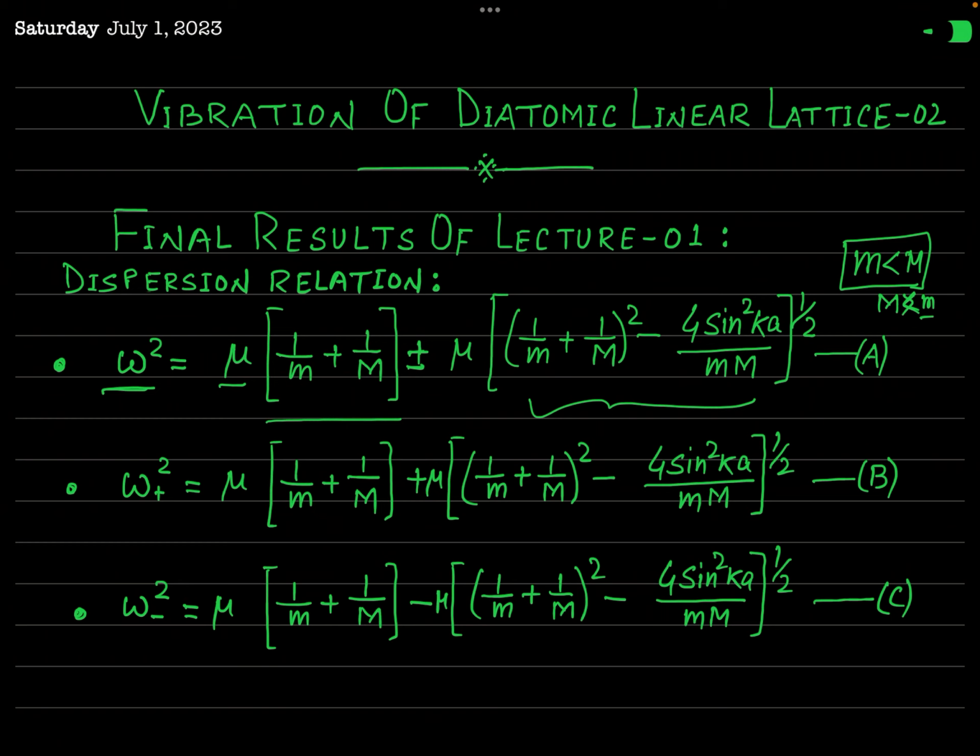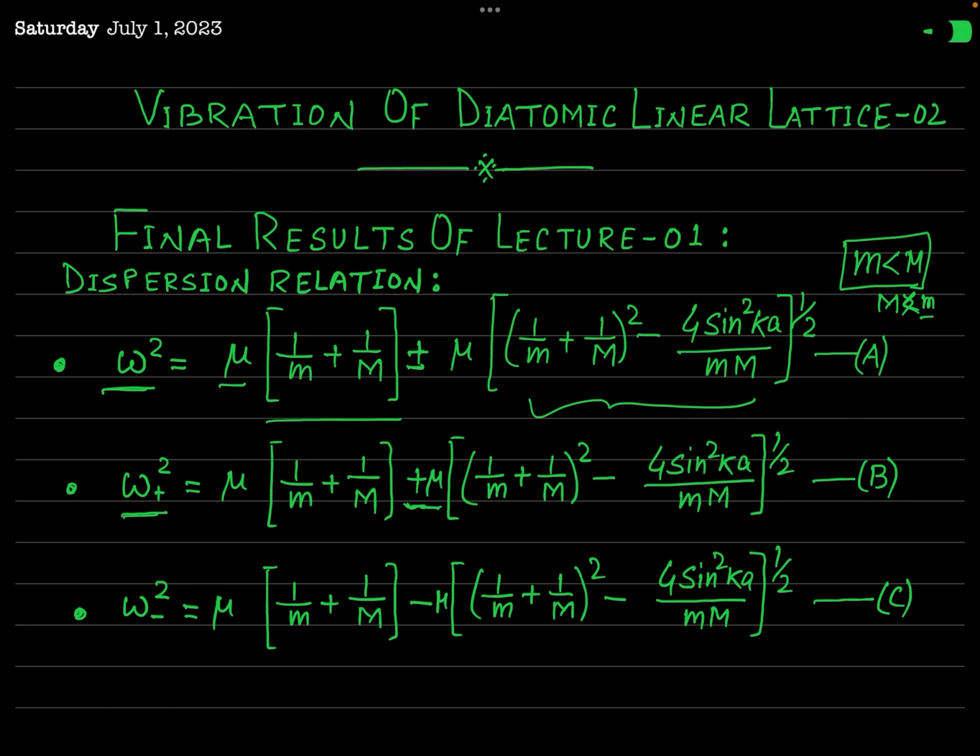When you take the plus sign, you write the frequency by the symbol omega plus, and so omega plus square will be equal to what? That will be just equal to taking the plus sign here. Okay, so this is the expression for omega plus square.